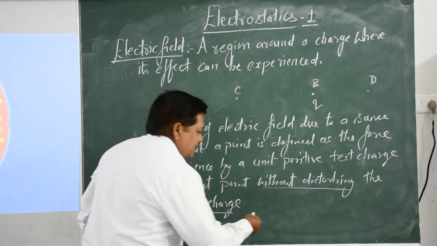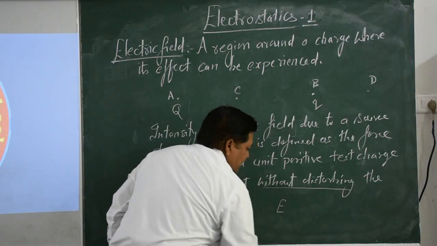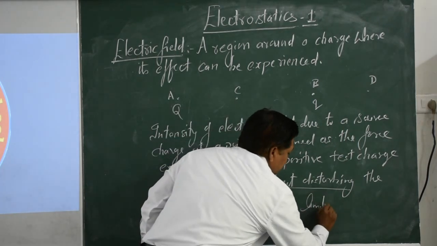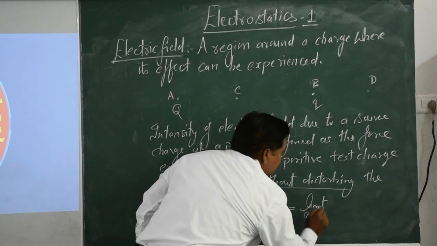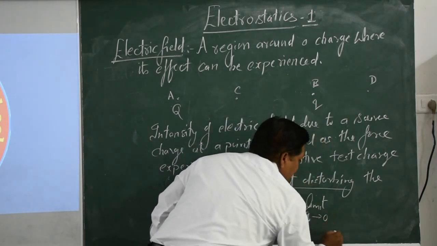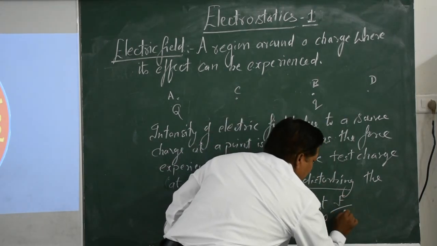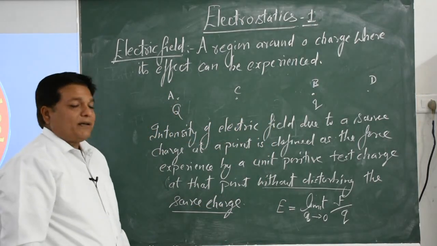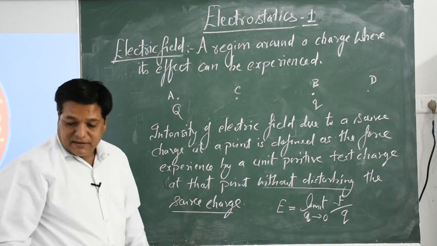Intensity of electric field is denoted by E. E is equal to the limit q test charge tends to 0 of force per unit charge. This is the formula for the intensity of electric field.